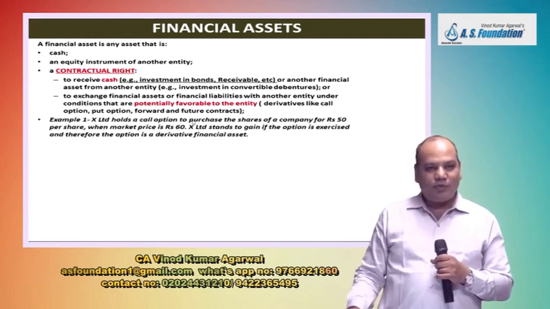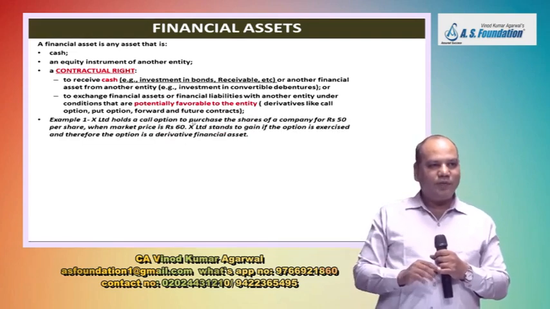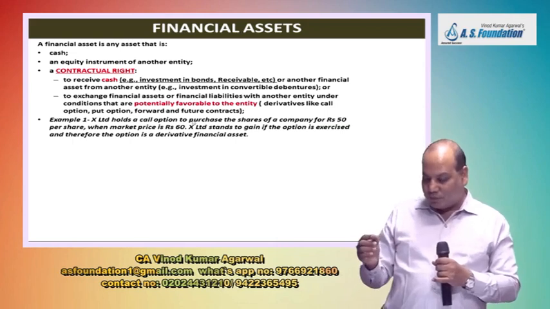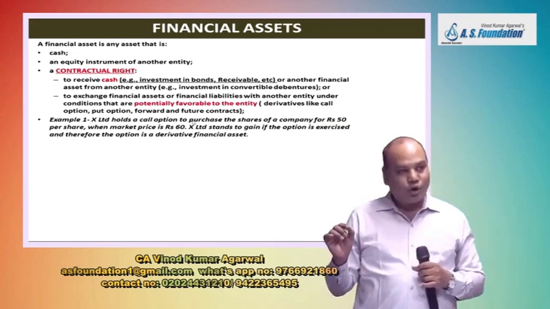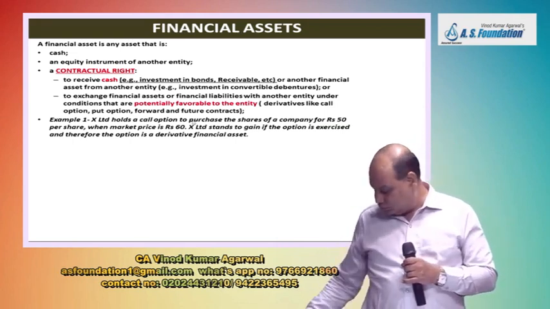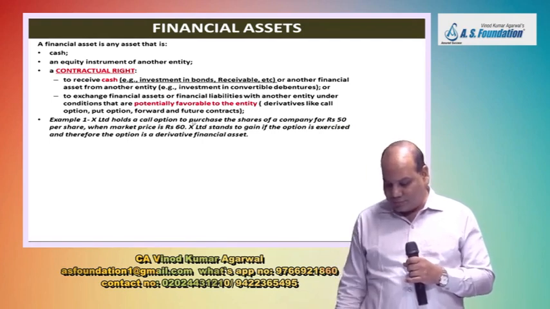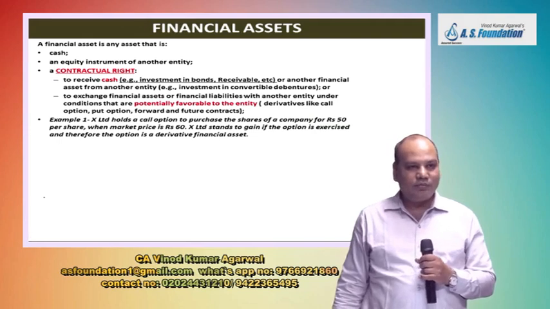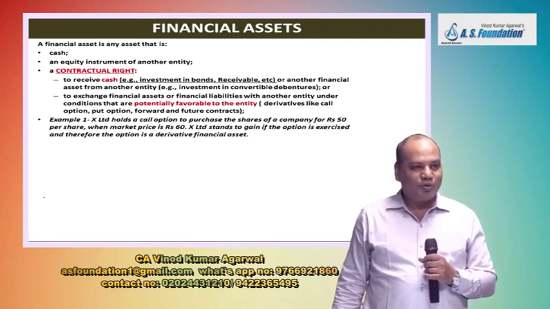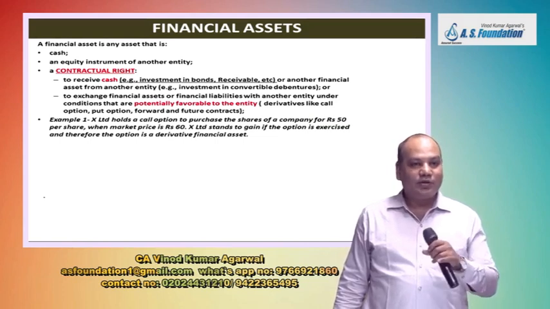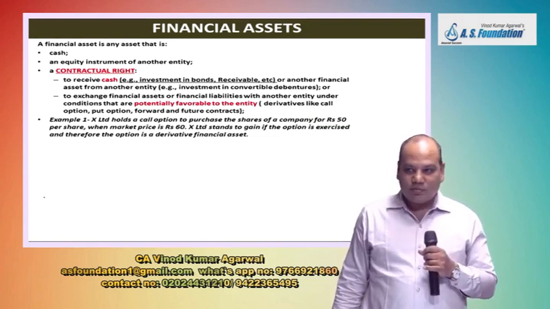2 examples we will discuss. If required, we'll discuss more. So first example is a call option. What is a call option? A call option is an option to buy or not to buy an underlying asset at the exercise price.